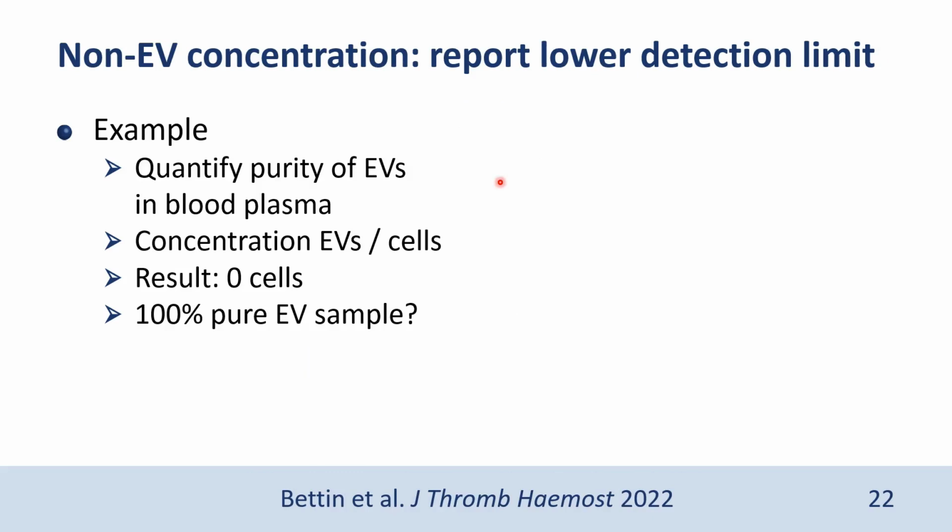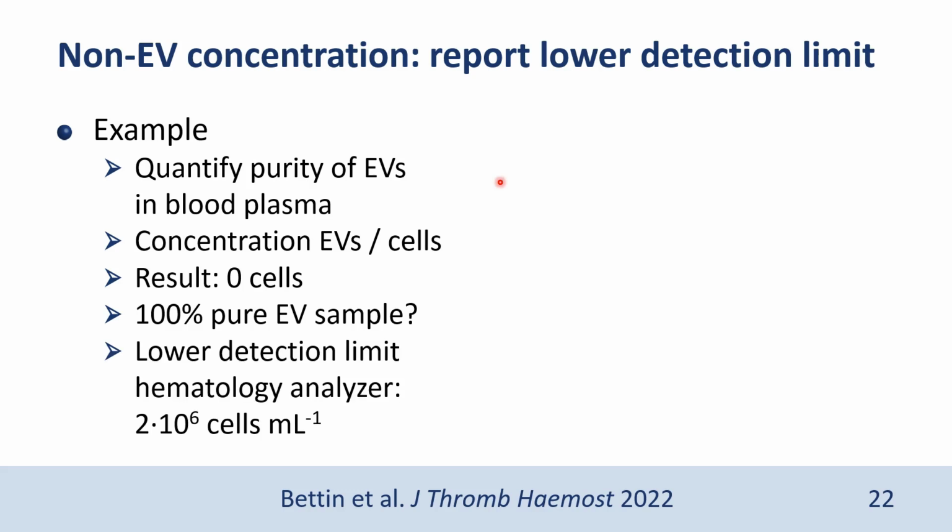One example of that: you want to quantify the purity of EVs in blood plasma relative to cells, so concentration of vesicles compared to cells. Your hematology analyzer measures 0 counts. So you would conclude there are no cells, and perhaps you have a 100% pure sample.